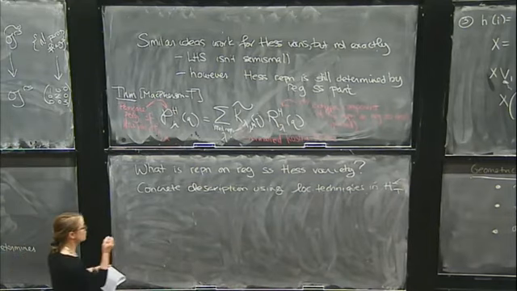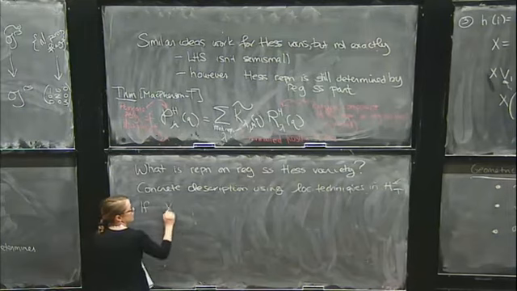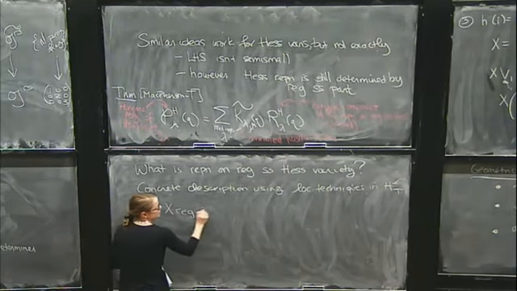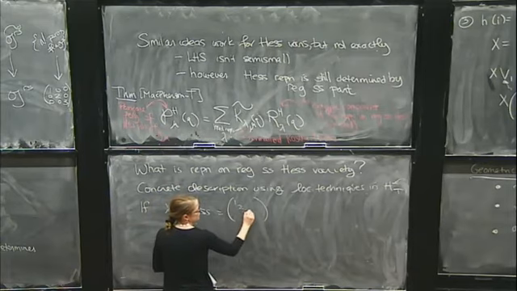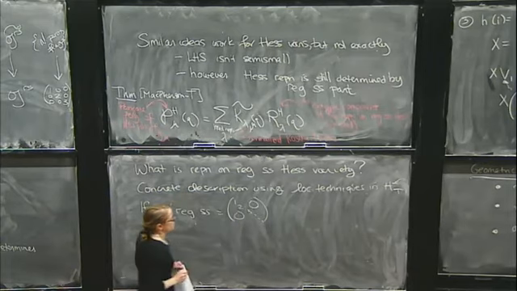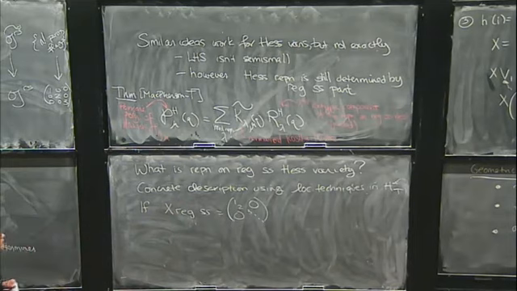So if X is regular semi-simple, if you'd like, just think of it as diagonal with distinct values along the diagonal.